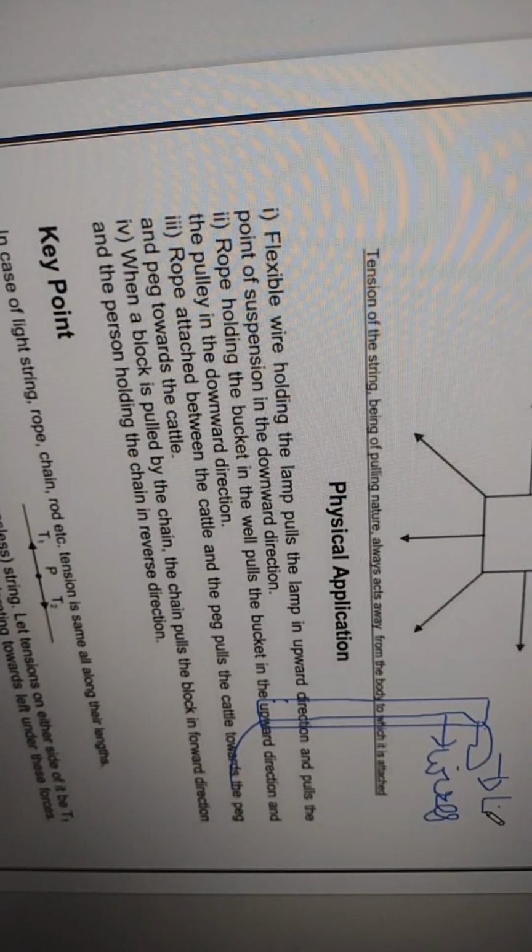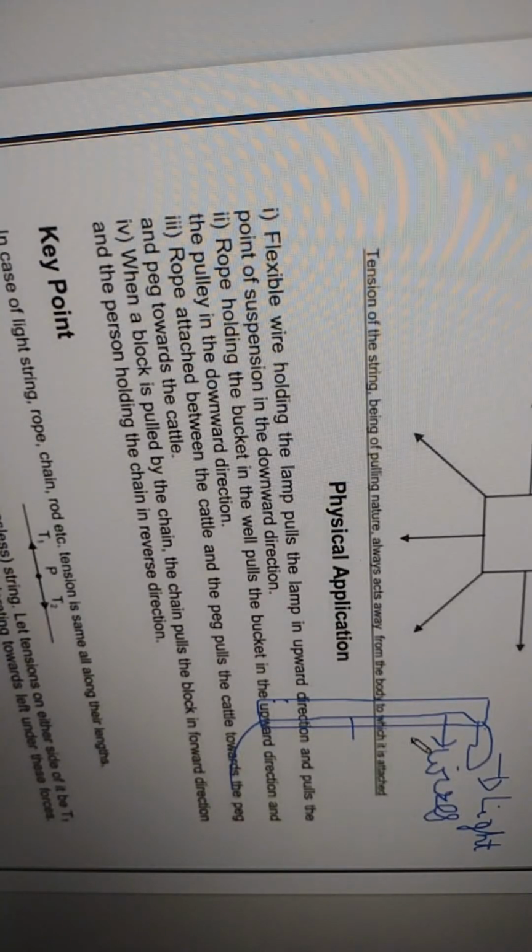The wires are holding the light. Suspended means it is connected through the wires. Suspension pulls the point of suspension in the downward direction.